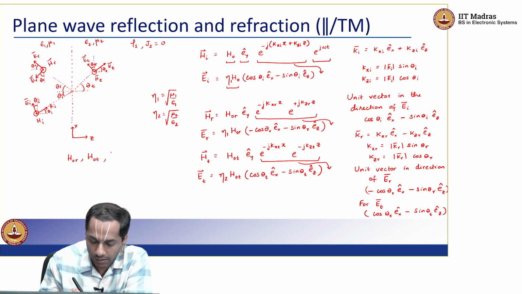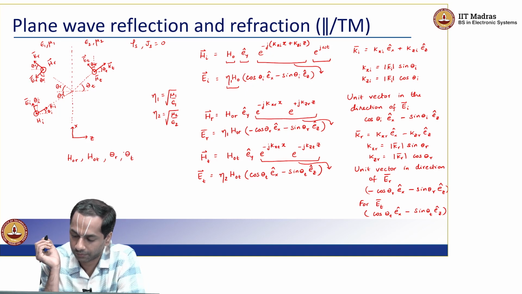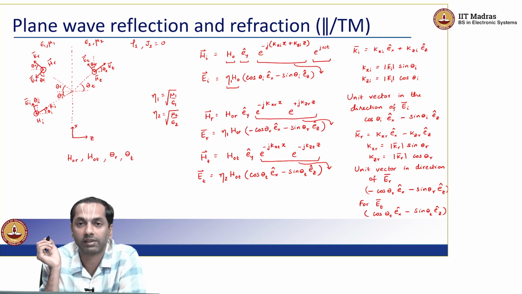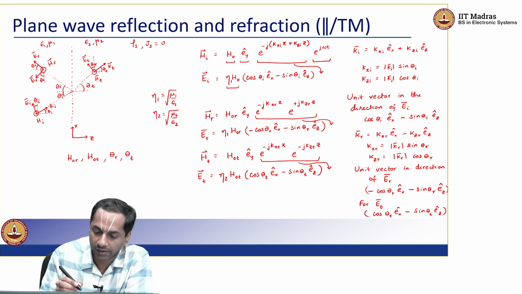Similarly, theta R and theta T are unknowns. Could I say Kr and Kt are unknowns? No. Remember that we always have this relationship between k and omega.